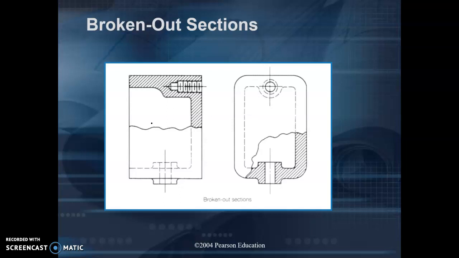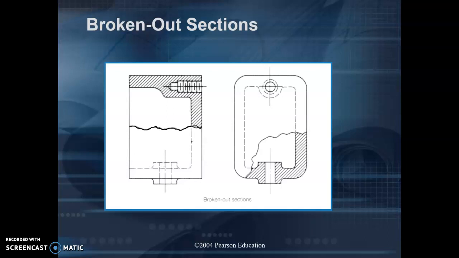So here we have a few examples of this, where we have this short break line, this thick jagged line, and it's almost as if we've just broken a chunk off of this part, where above the break line we see section lines. We're seeing the internal features of this part. And below the break line, we see it just as we would from the outside.